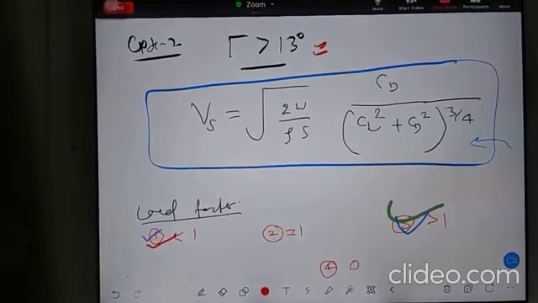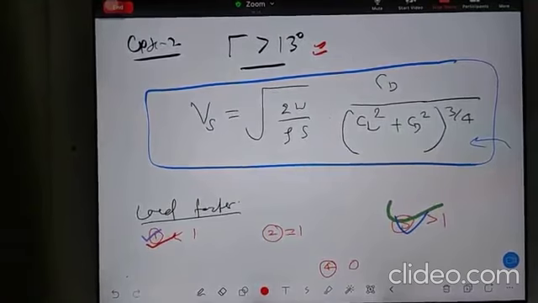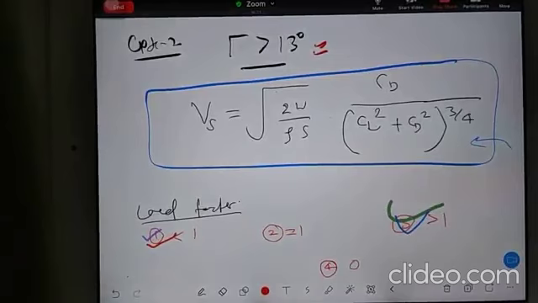Remaining students, what is your logic? Take your answer. At least take a chance, take your answer. This is not the GATE exam. You can at least tick, right?